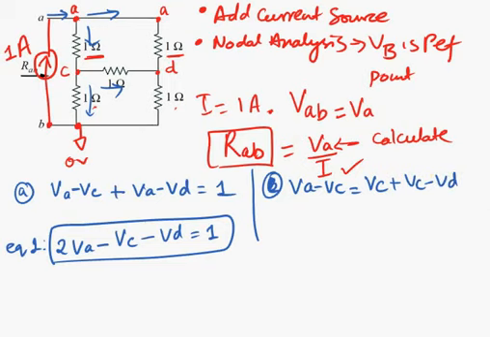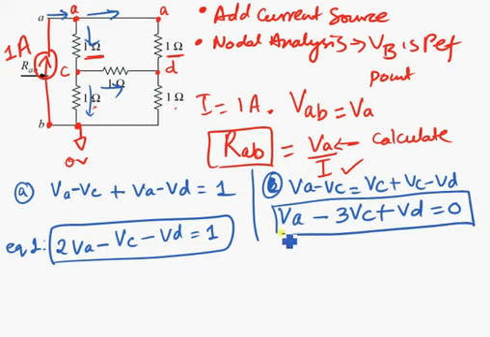Let's rearrange everything to the left hand side. So we get VA minus 3VC plus VD is equal to 0. We'll call this equation 2.